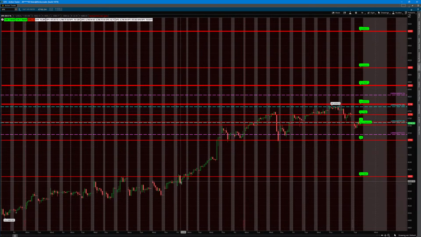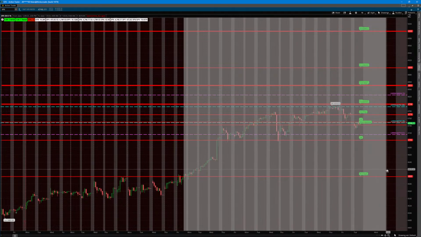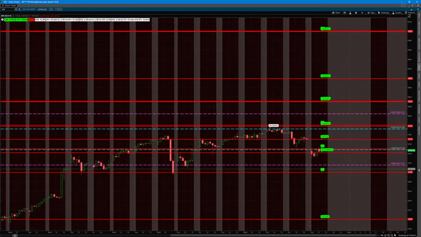I'm going to zoom in on this just a bit. So this is last week. SPX came just short of 4,800. That is a key SPX level, 4,800. That is the absolute gamma strike. I'll talk about that in just a minute.